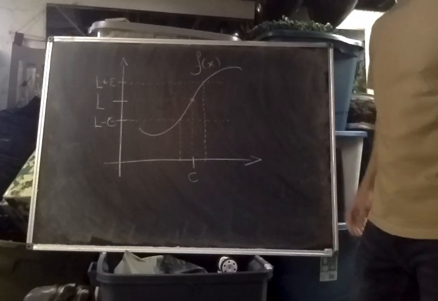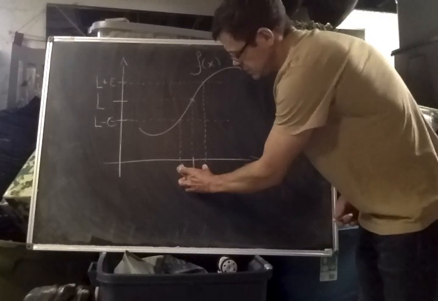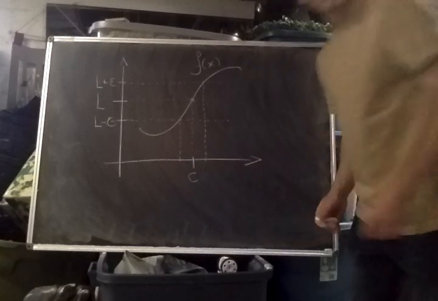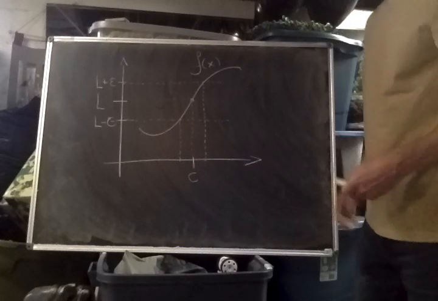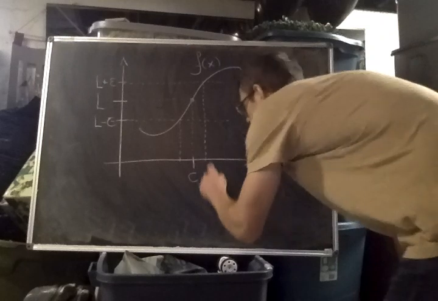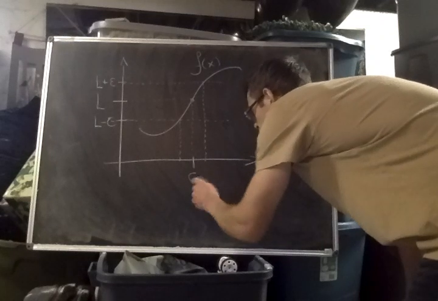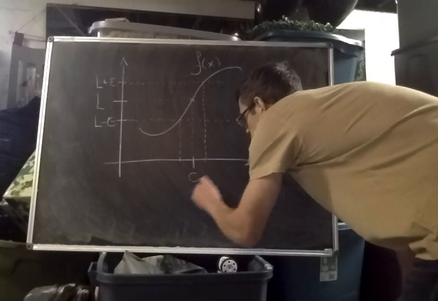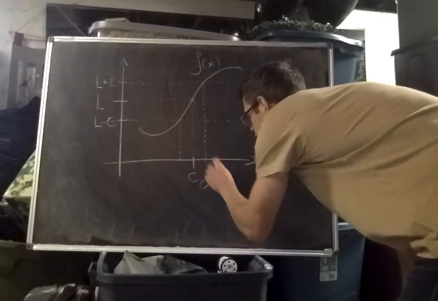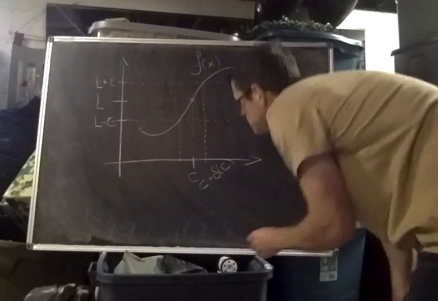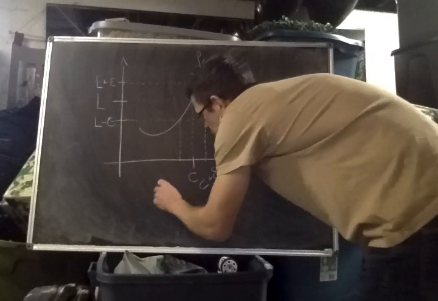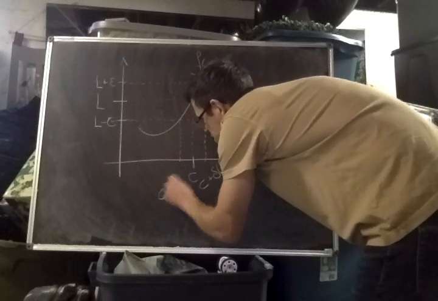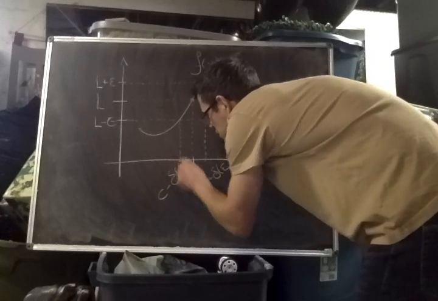Okay? So the width of this vertical tube here, that's where your delta of epsilon comes from. So this right-hand endpoint here will be c plus delta of epsilon, and this left-hand endpoint will be c minus delta of epsilon.